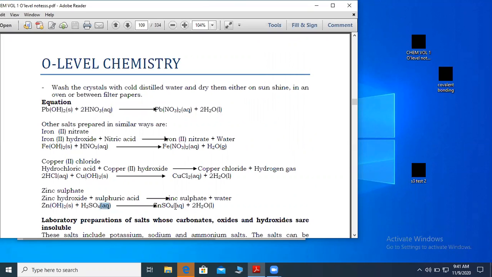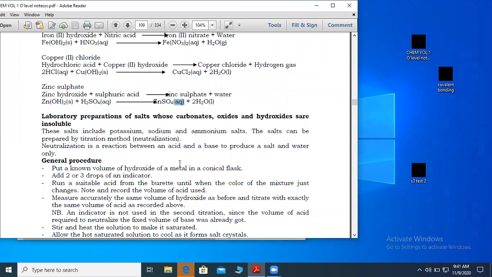And you form zinc sulfate, a soluble salt, so its state should also be aqueous. So the water in the dilute sulfuric acid will make this zinc sulfate aqueous. But if it was insoluble, for example, if you formed lead(II) sulfate here, which is an insoluble salt, then the state should have been a solid.